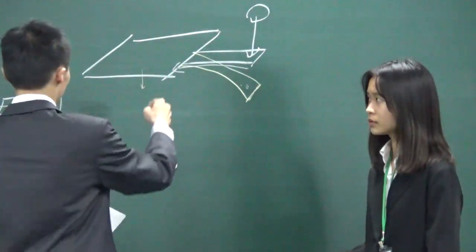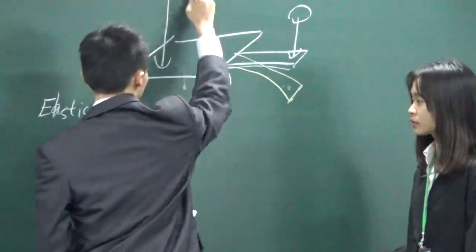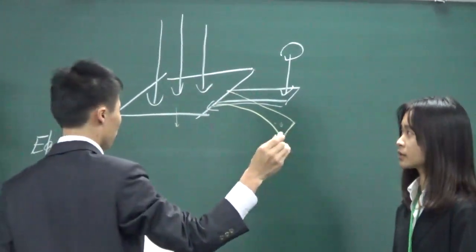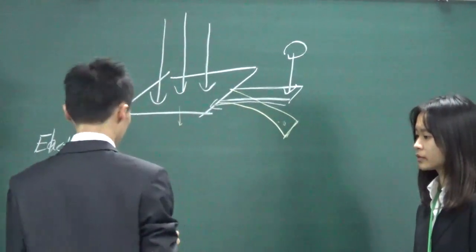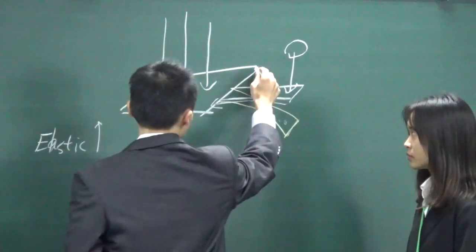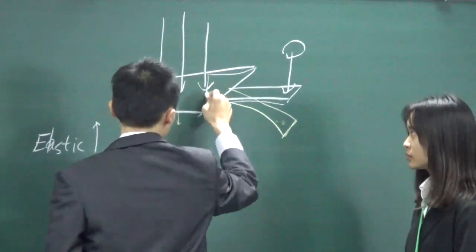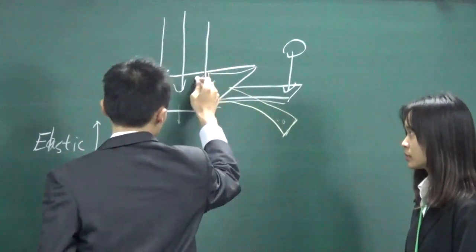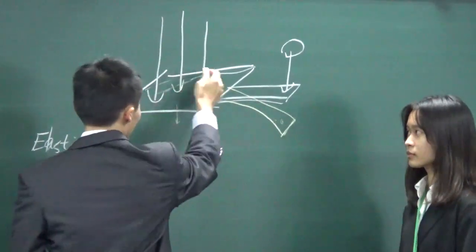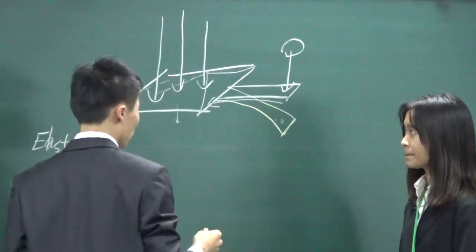You said the air pressure made it hard to lift off. Right. So when we bend the ruler, the paper will deform to this shape, and the area will change, right?